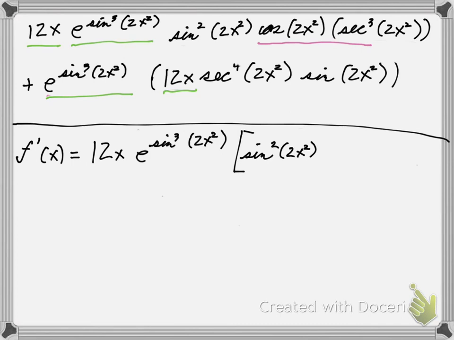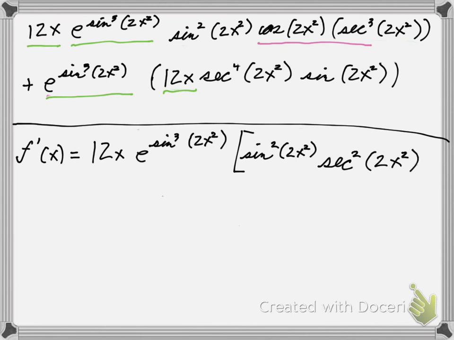So what we notice with secant is that secant is 1 over cosine. So when you multiply cosine times 1 over cosine cubed, you end up with 1 over cosine squared, because one of the cosines cancels out, which is, of course, secant squared of 2x squared. So that's what is left there.